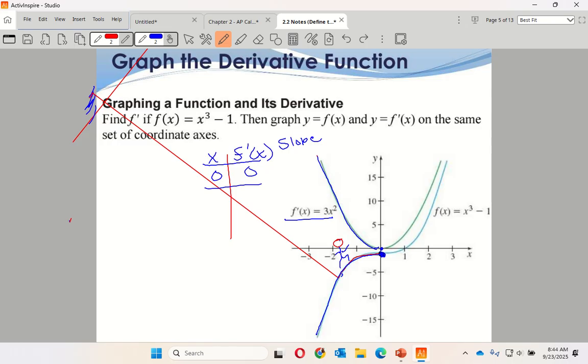So that means there is a positive slope here, right? So this is an accurate representation of my positive slopes. So way over here, is that a steeper slope than over here? Yes. Okay, so this is a higher number here than it is over here, isn't it?